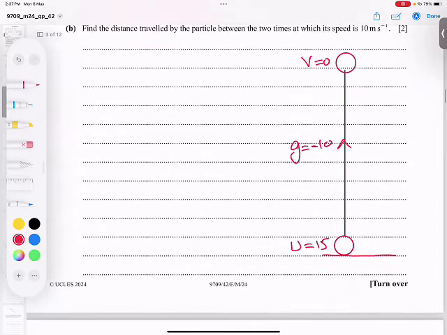Okay, and what is the situation, students? Let me write this one first to make the diagram. So this is a position. This is the position when it was traveling upwards. At this moment, what is its velocity here? 10. And the same while traveling downwards.